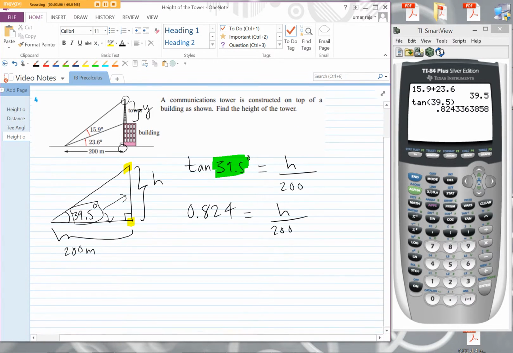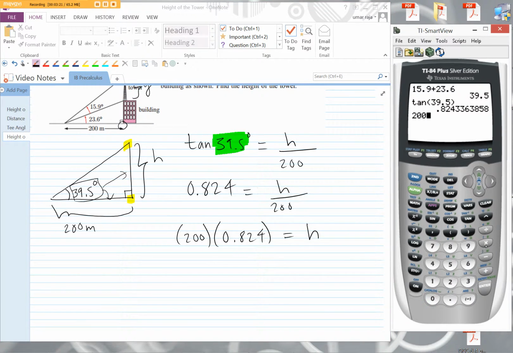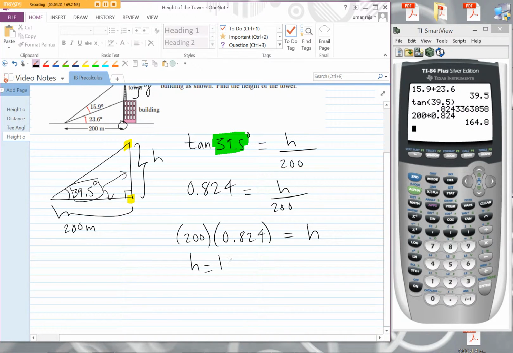Now to get h by itself, we need to multiply both sides of the equation by 200. On the right, the 200 cancels out. Multiply 0.824 by 200, and that's going to give you 164.8 meters.